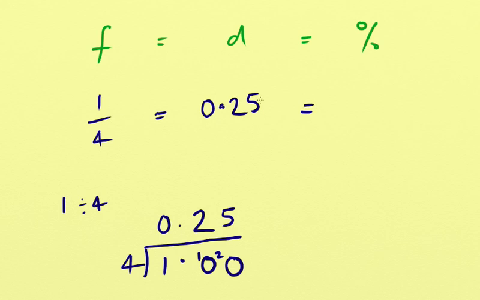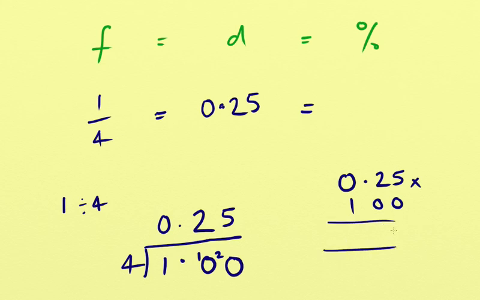And if we remember, to get from a decimal to a percentage, you simply times 0.25 by 100. Because a percentage is just 100 times bigger than the decimal. So what we're going to do, pop 2 zeros down for those, and then we're going to do 1 times 5, 1 times 2 is 2. 2 decimal places in our answer just there.